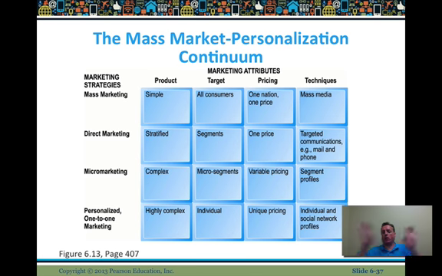Okay, so the whole continuum of mass market personalization: at the top, just broadcast, mass media, one product, one price. That's the old era of 1960s Mad Men. Everyone likes one type of food or ice cream. Down at the bottom, very, very personalized. Let's say your specific flavor of pizza, as I mentioned on Domino's, very unique pricing.